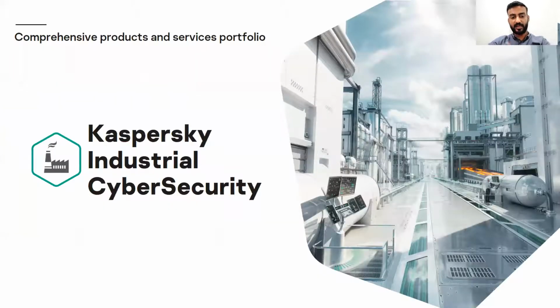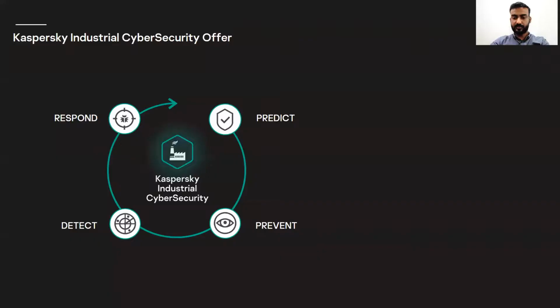Now I'm going to start on Kaspersky Industrial Cybersecurity. When we look at the Gartner Adaptive Security Framework, we primarily focus on this framework when we talk about securing the OT environment, or industrial cybersecurity in general.